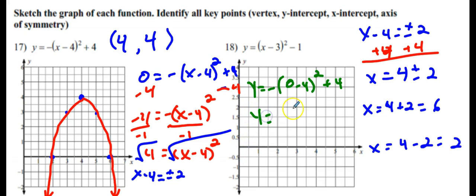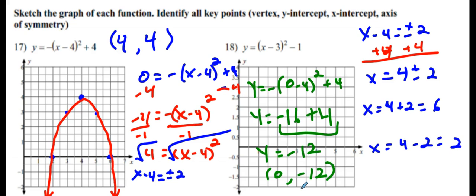Y equals negative 4 squared is 16, plus 4, and being the mathematicians that we are, y equals negative 12. So our y-intercept is when the x is 0, and we know it's at negative 12. That's ours.